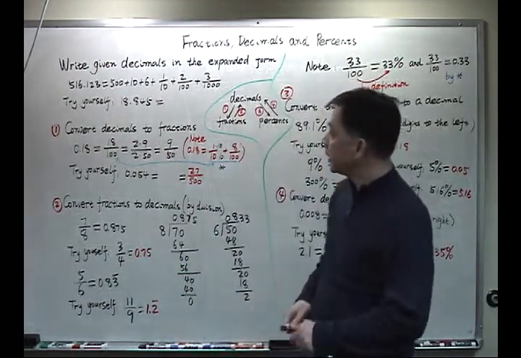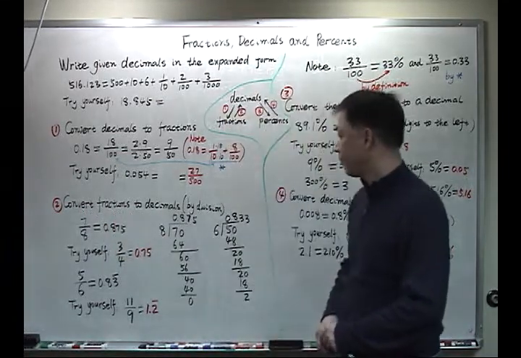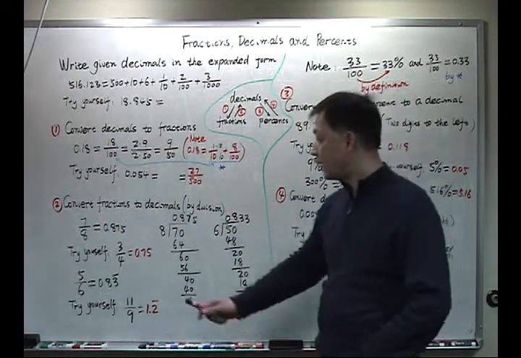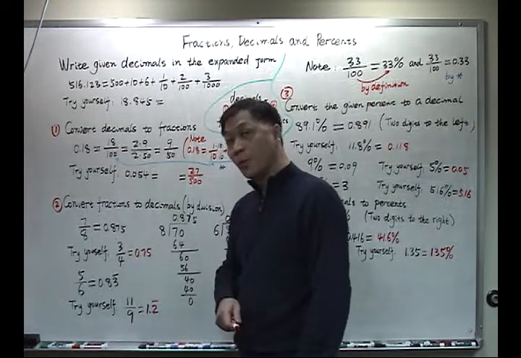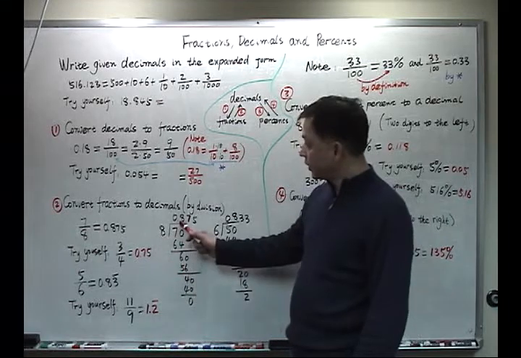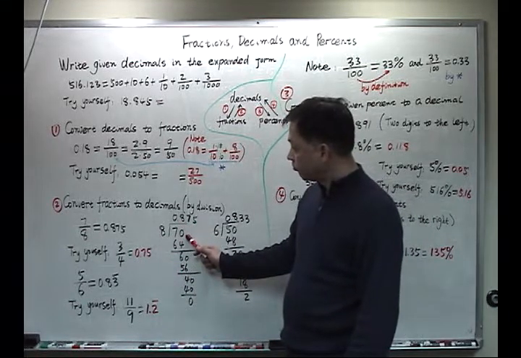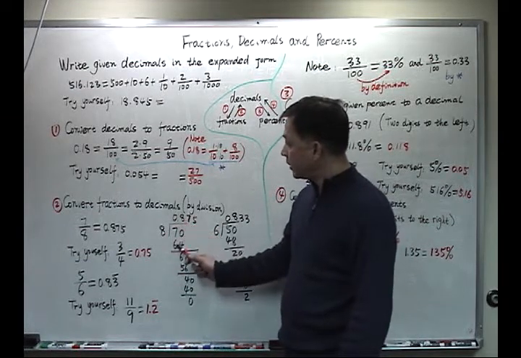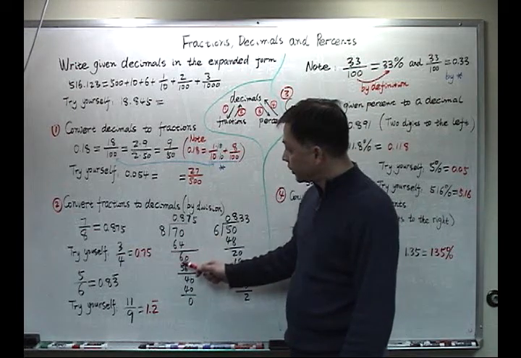Now let's see how to convert fractions to decimals. You see here by division, 7/8 is actually this number. Why? 7 divided by 8. You put 0 here and then add 0 to 7, and then you have 8 times 8 is 64. 70 minus 64, you have a 6.